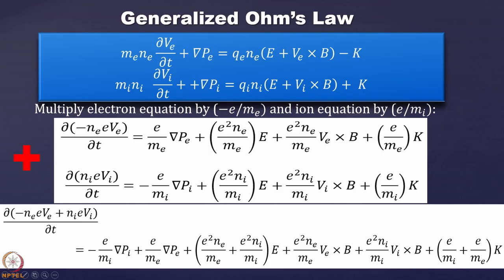So when you multiply by this on the left hand side, Mi cancels, so Ni remains there on the top, and then e and Vi. So the time derivative is del t of Ni e into Vi, and that is equal to, now this has come to the right side and it is negative, and we have multiplied that by e by Me. That's why this term is staying as a negative term.